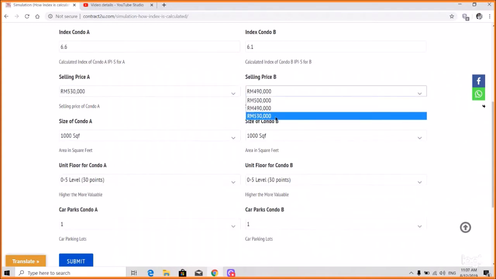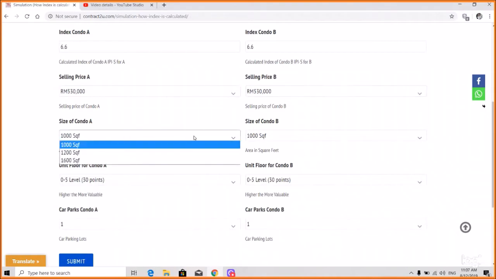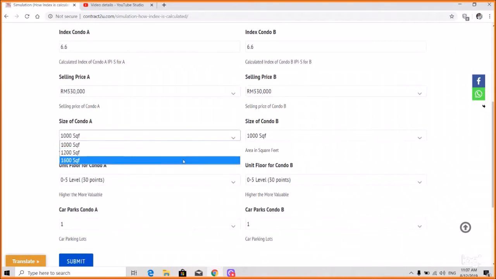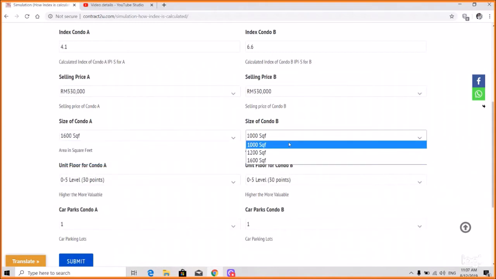Would it be 6.6? Yes, it shows the same 6.6. And let us change the size from 1,000 square feet to 1,600 square feet. The other one also 1,600 square feet. Again tested, similar formula, 4.1, and the other one also 4.1.